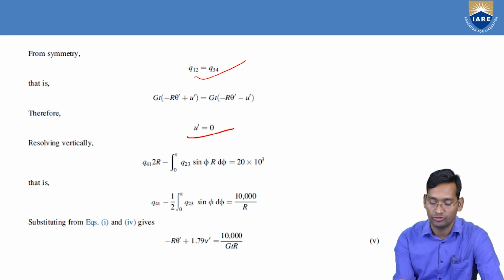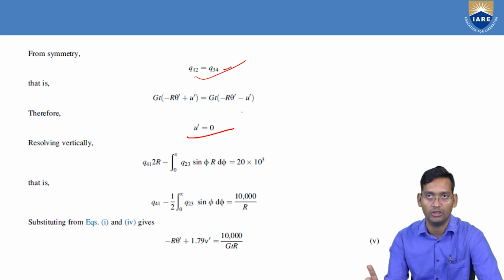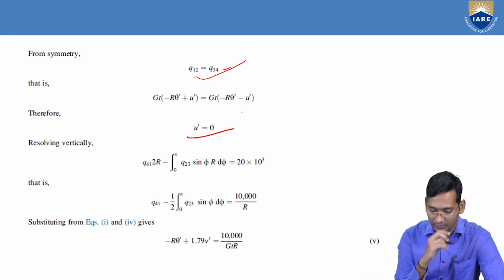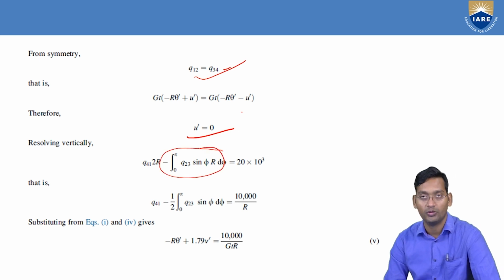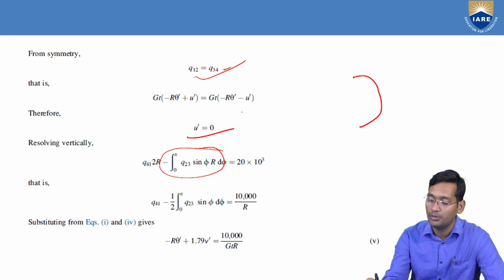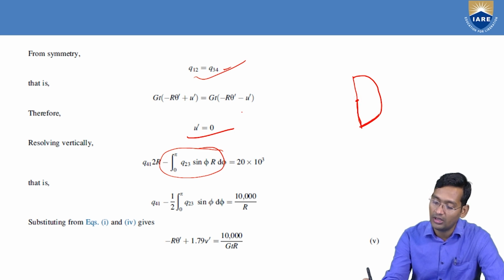Now, after equating we got 1 equation. Next, what we have to do is resolve vertically. So after taking q41 into 2r, this is for that semicircular part. If it is a semicircle, the phi value starts from here, this is 0, and like this it will move.